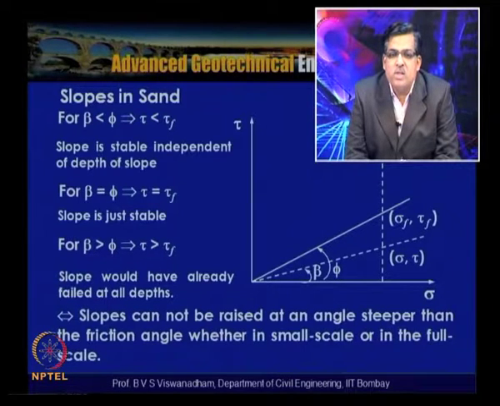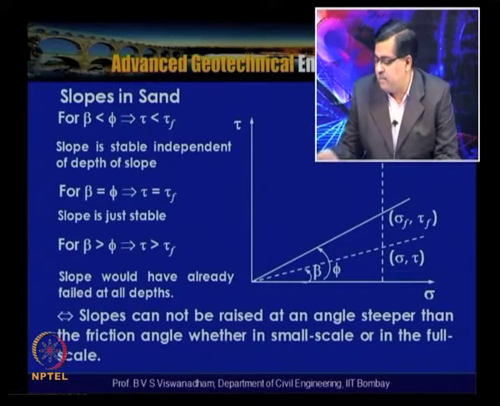The slope is stable and independent of the depth of the slope. For beta equal to phi, tau will be equal to tau f and the slope is just stable. For beta greater than phi, tau is greater than tau f, and the slope would have already failed at all depths. So slopes cannot be raised at an angle steeper than the friction angle, whether in small scale or in full scale.